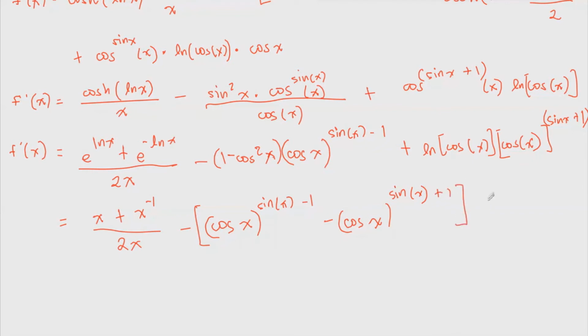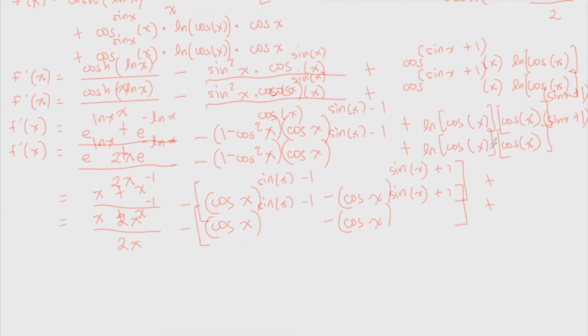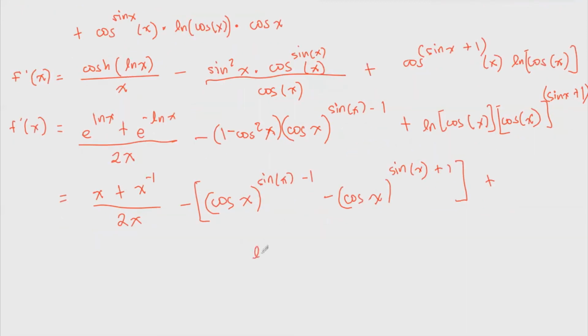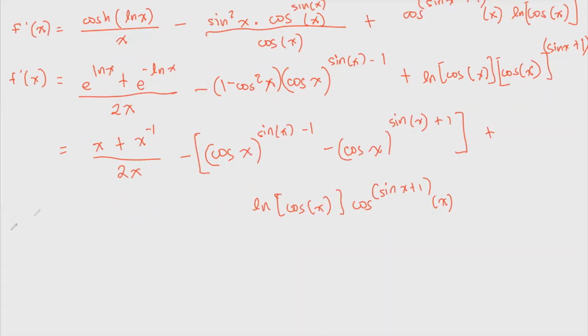Okay, and then we add this whole expression right here, so that becomes ln of cosine of x, and then that's cosine of x raised to sine x plus 1. Okay, so I can just write f prime of x.